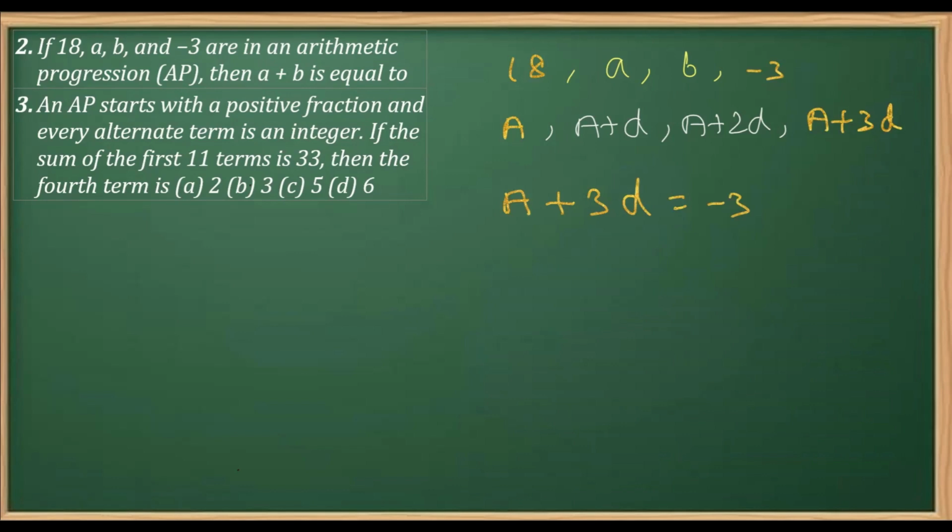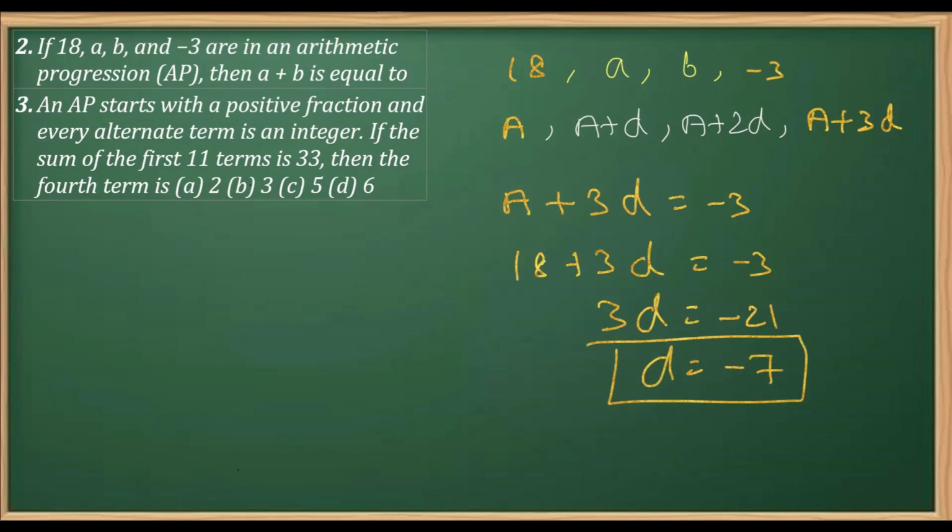Replacing A with 18, this is 18 plus 3 times D is equal to minus 3. So 3D is equal to, on transposing 18 to the other side, minus 3 minus 18, that is minus 21. So D is minus 21 divided by 3, which is minus 7. We got the value of D.